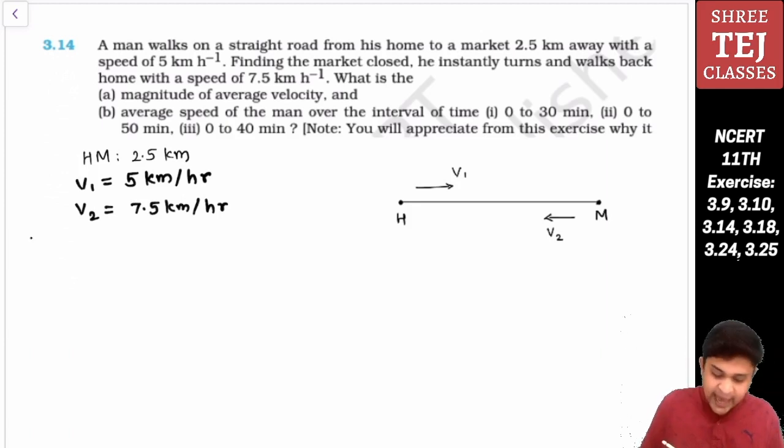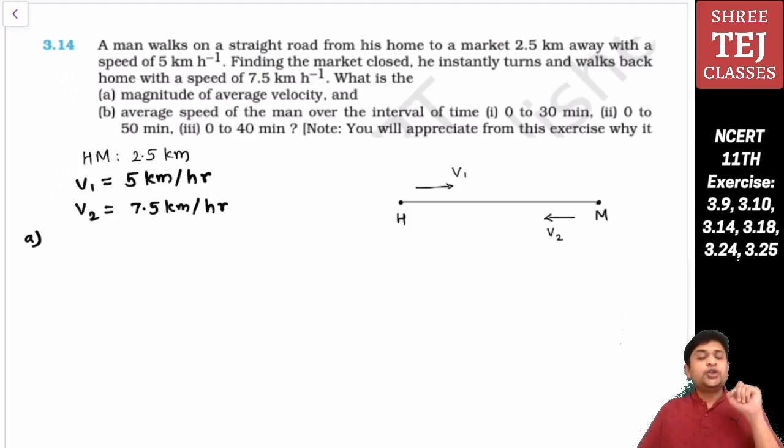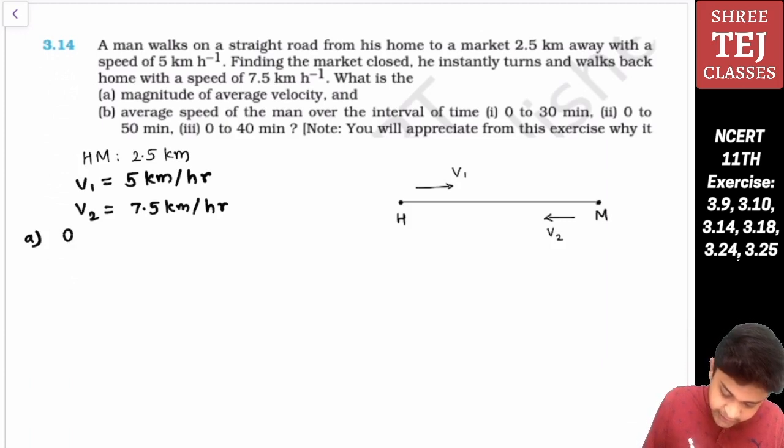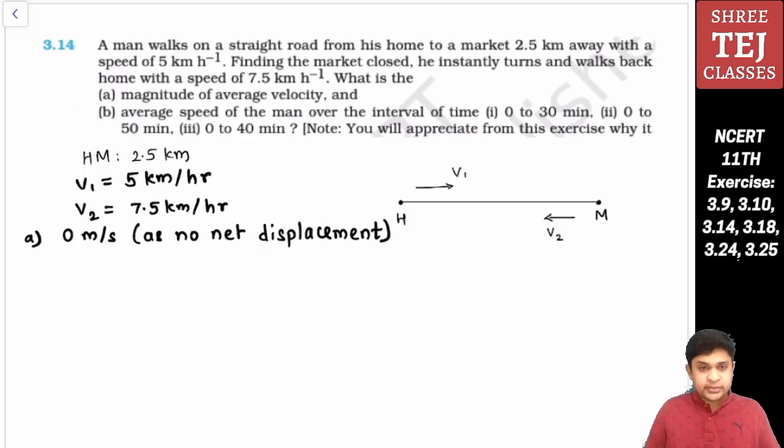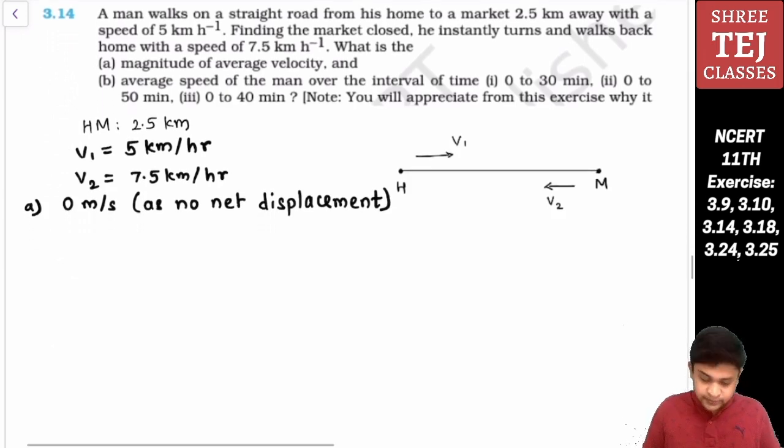As the man has returned to his original position, the displacement is 0, therefore average velocity will be 0, as there is no net displacement.